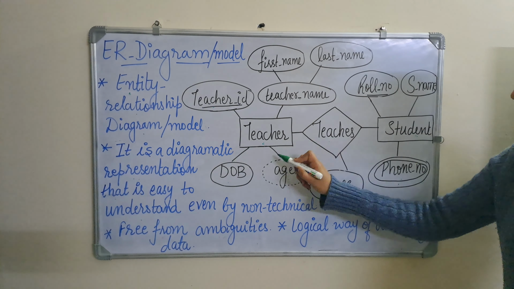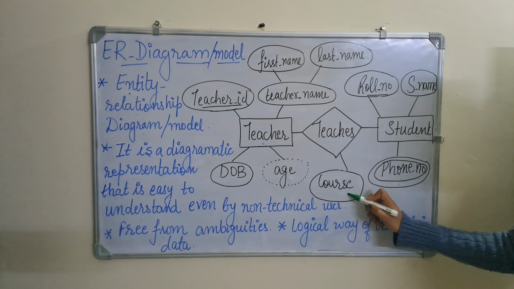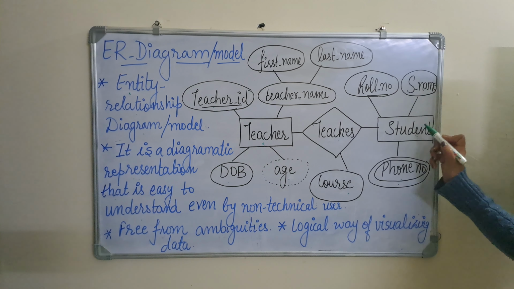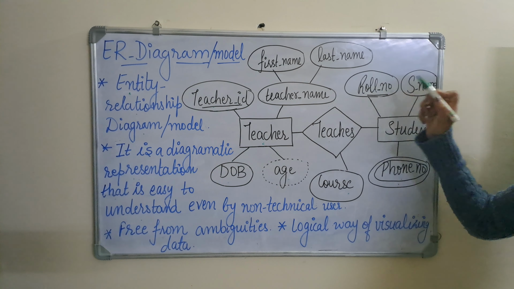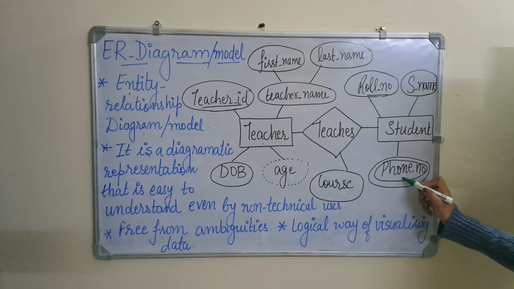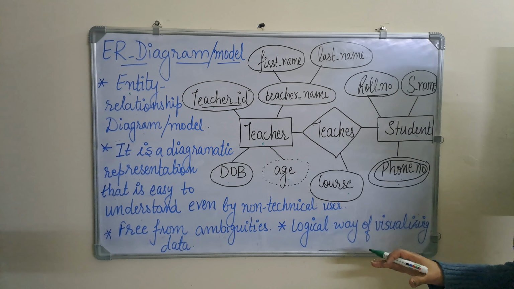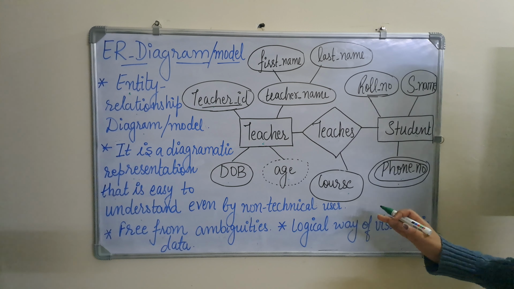Next, teacher teaches some course, and then teacher teaches some students, and then student has roll number, student name and phone number. So by looking at this diagram, we can conclude what the diagram wants to convey.